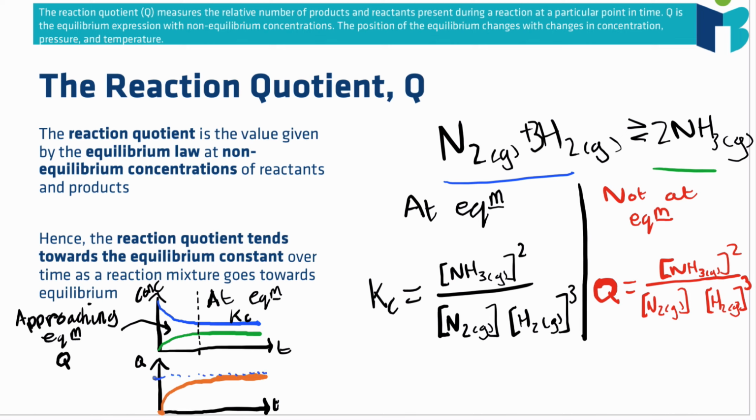So we plateau to some value, and that value is the equilibrium constant, because our reaction is going to slow down, the concentrations are going to change more and more slowly until the point that they reach their equilibrium concentrations. And at their equilibrium concentrations, we no longer think about the reaction quotient, we think about the equilibrium constant. But the quotient has been approaching the equilibrium constant the whole time. And the point where it reaches the equilibrium constant, that's when we're at equilibrium.